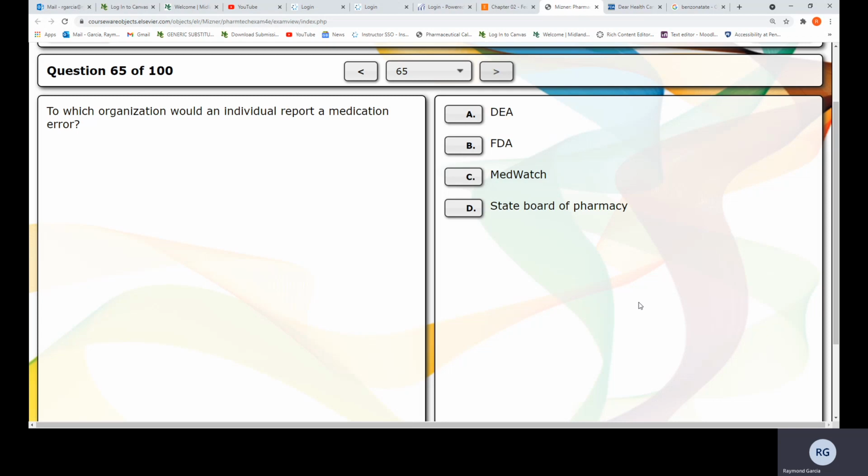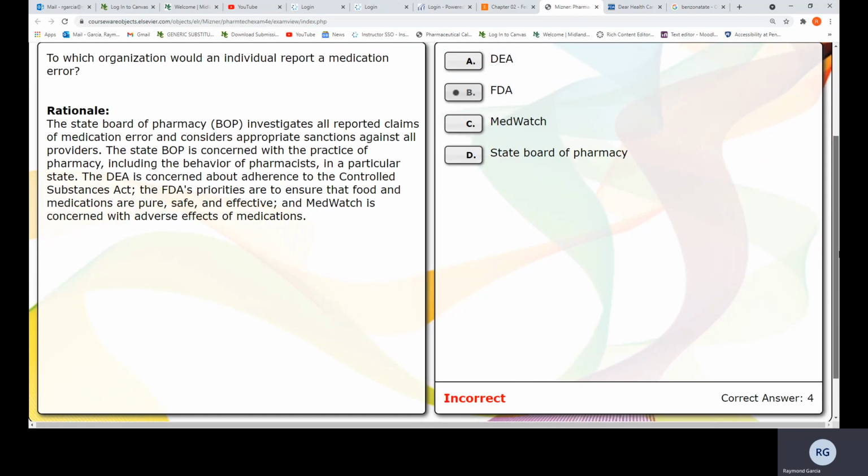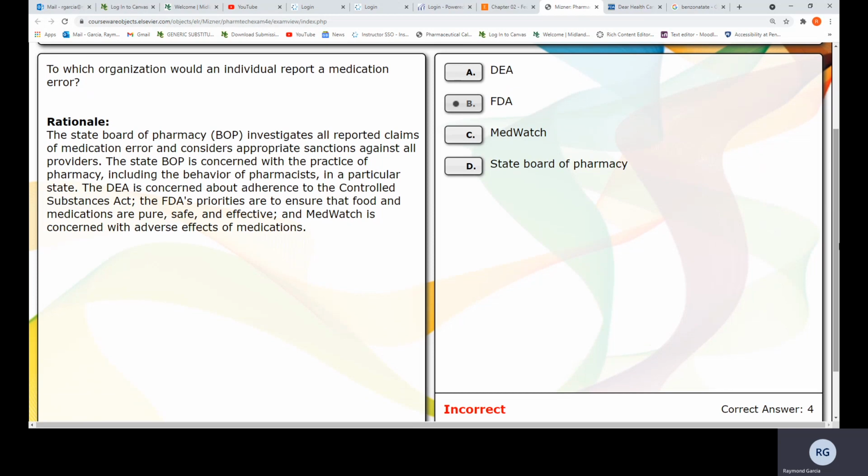D? Which one? D? It's coming. State Board of Pharmacy investigates all reported claims of medication error and considers appropriate sanctions against all providers.